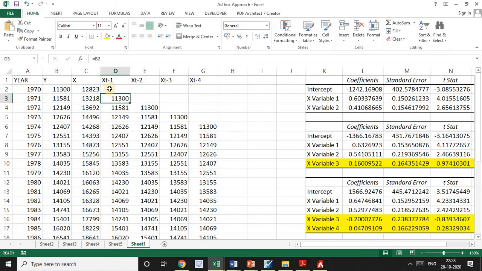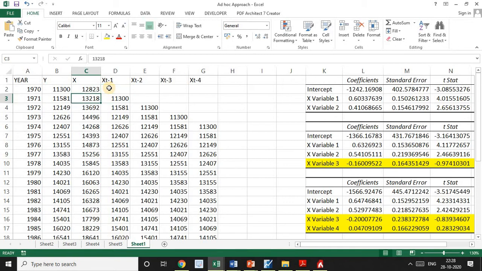Here you don't have xt minus 1 for the first value, because past values are not available. For this first value, 12823, its past value is nil, because if you look at the data beyond it, it is not available.